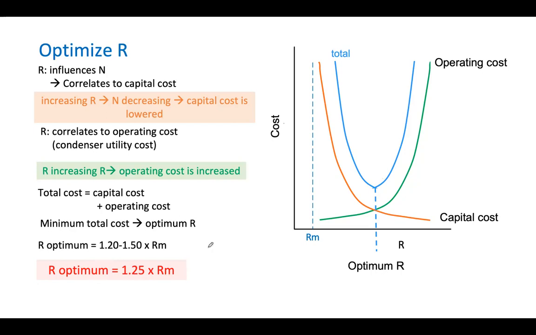Later in the exam, if it is not stated how much the reflux ratio is, you can take the optimum reflux ratio to be around 1.25 of the RM. Then you have to find the RM, which you can find from the sketch.